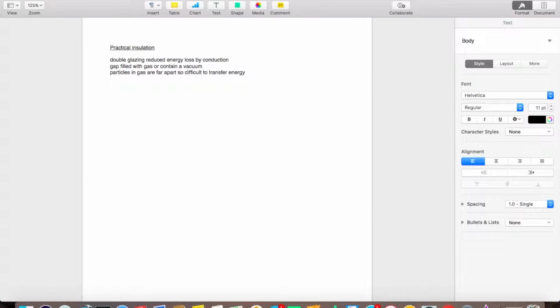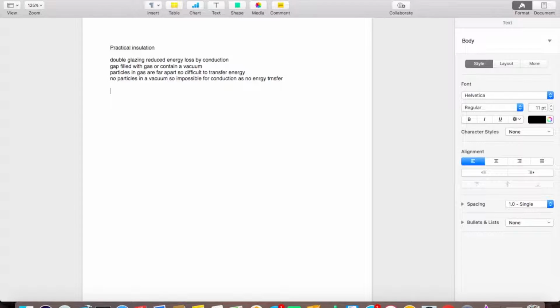There are no particles in a vacuum, so it's impossible to transfer energy by conduction.